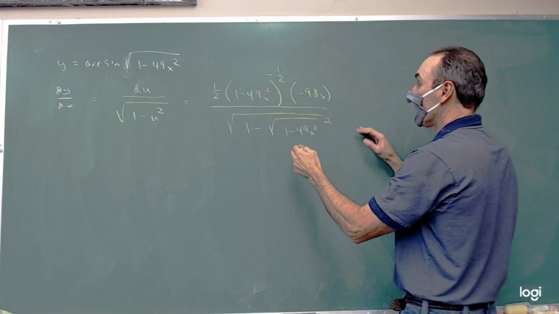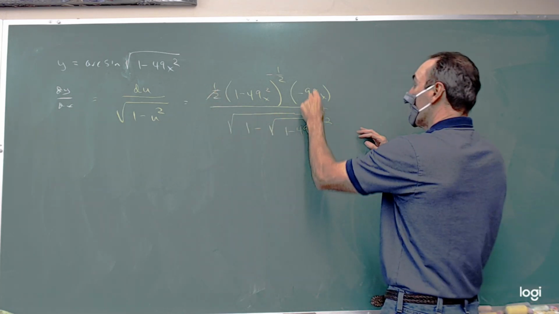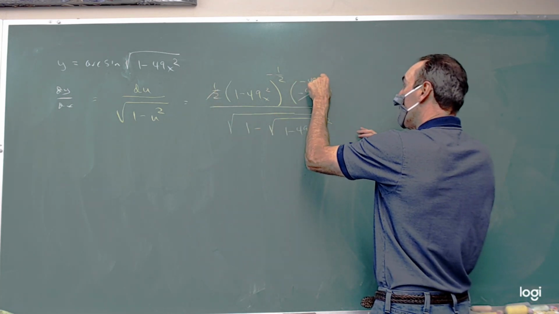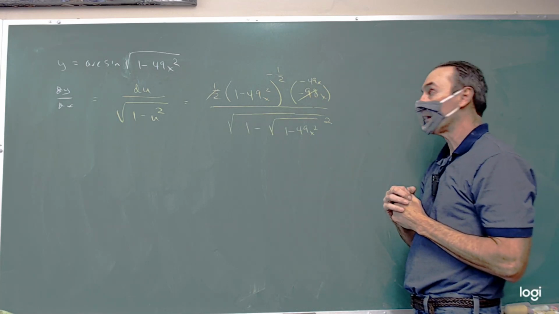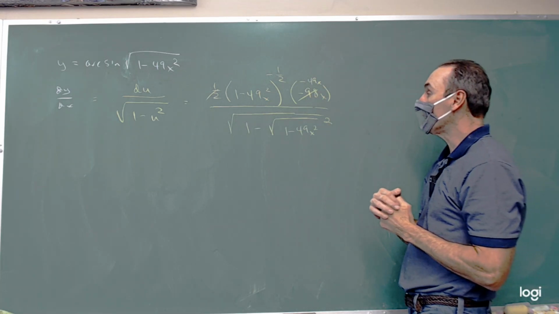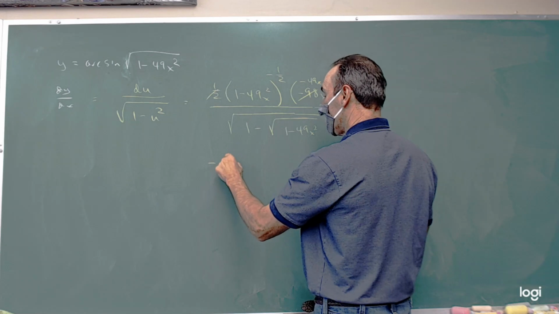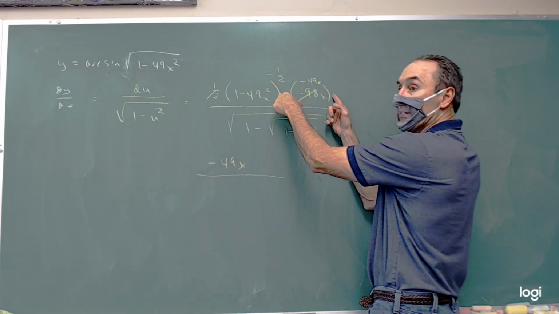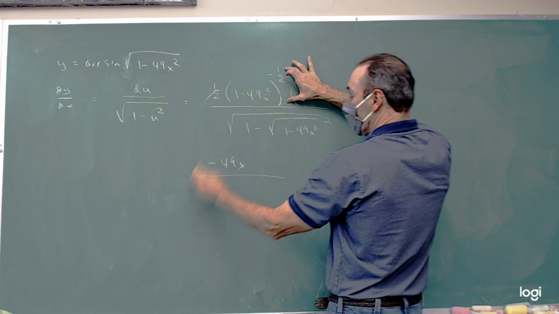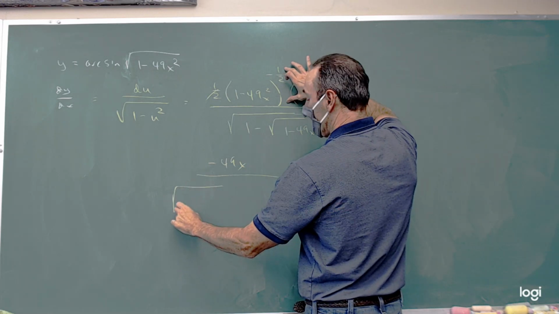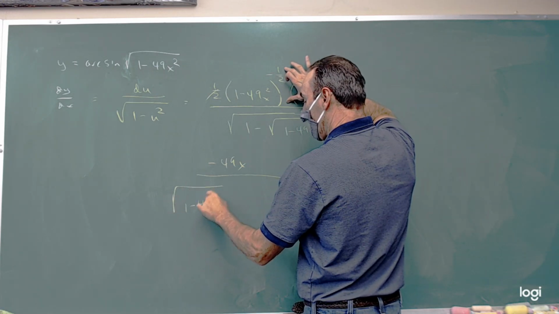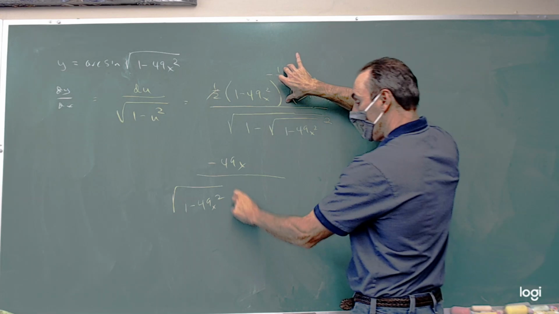Now a little cleanup here. The 1/2 will cancel with negative 98x, so that's going to be a negative 49x. That's going to still be in the numerator. This is going to move into the denominator as the square root of 1 minus 49x squared.